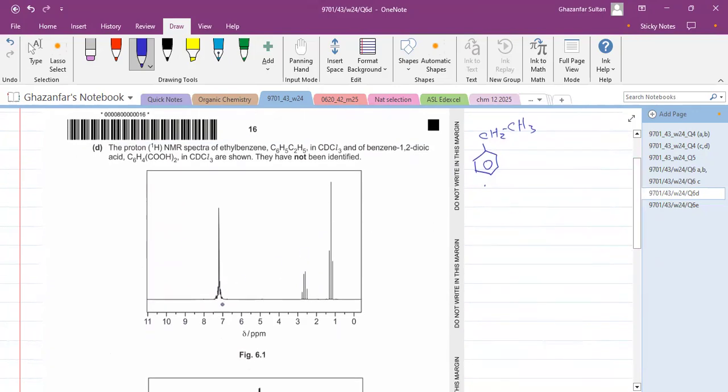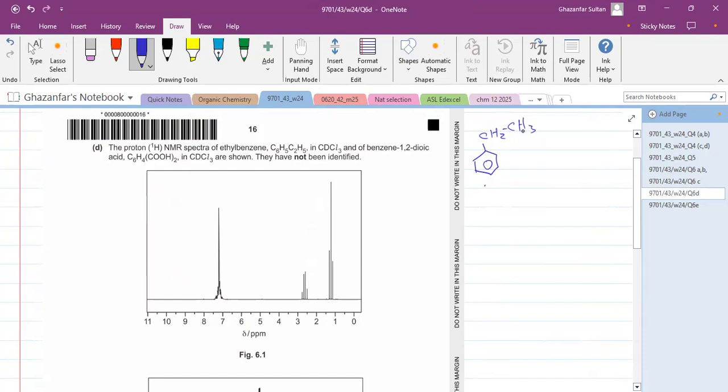So actually the signals between chemical shift 6 to 8 are due to the hydrogen atoms of the benzene ring, and these are the two signals due to the side group.